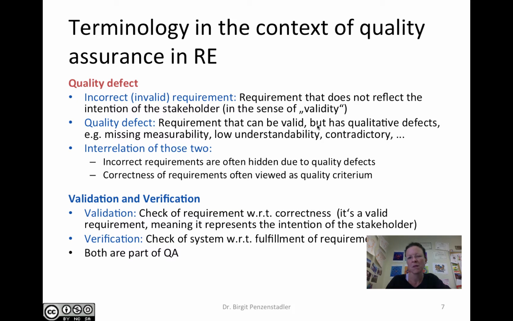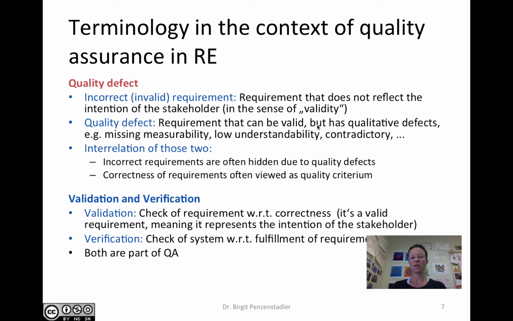So they either miss the measurability, they are hard to understand, they contradict each other, or we may have a combination of those two. So incorrect requirements are often hidden due to quality defects, and the correctness of requirements is often viewed as a quality criterion as well. And for that reason, we perform validation and verification.